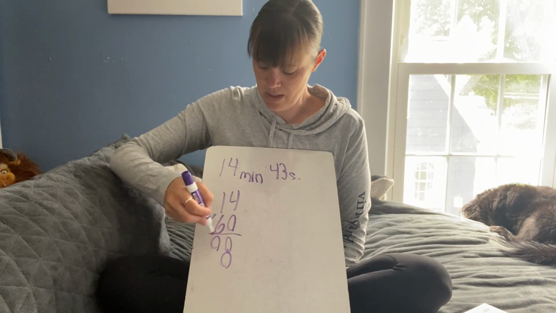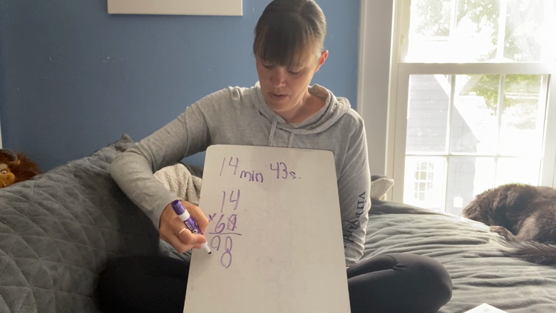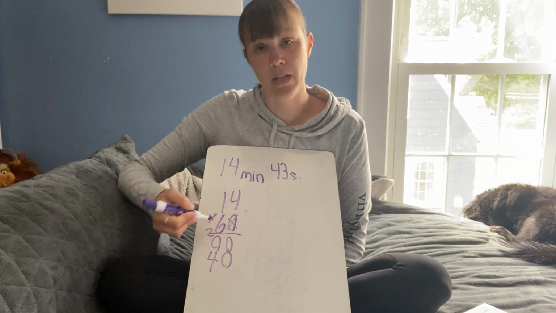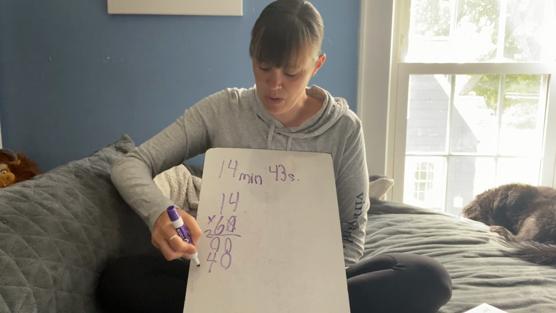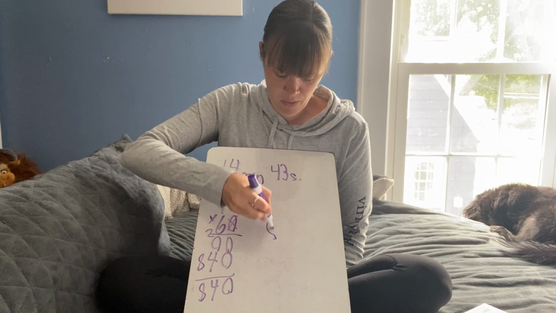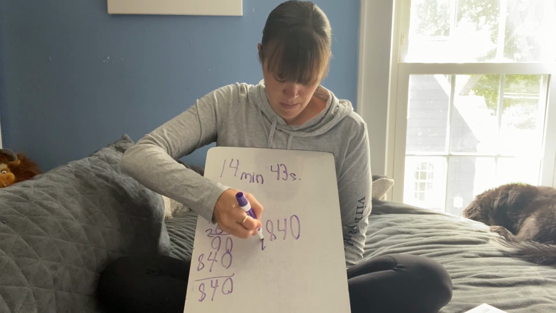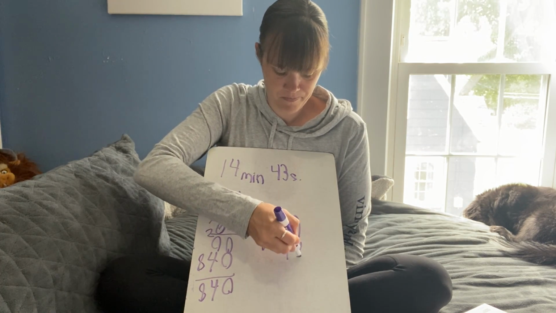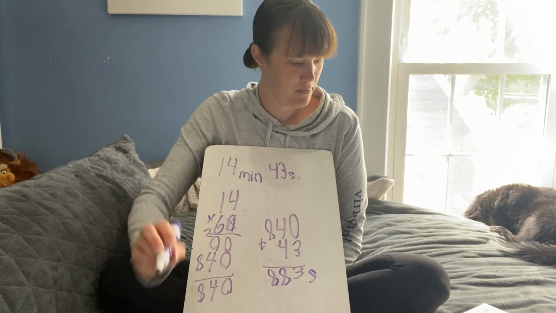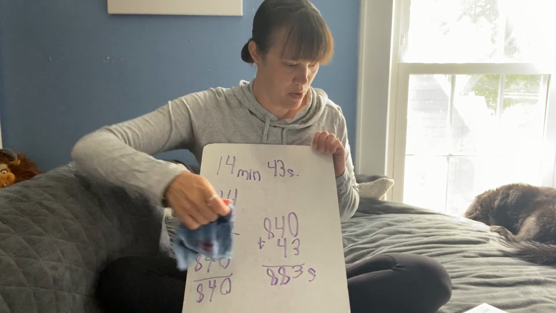Why do I keep going around the side? 24, regroup. 6 times 1 is 6, plus 2 is 8. So we have 840 seconds plus 43. 883 seconds.